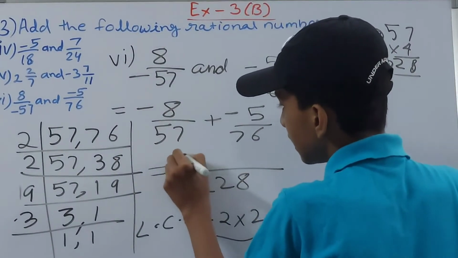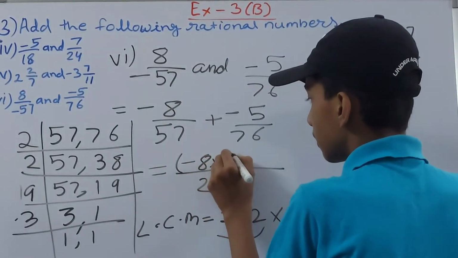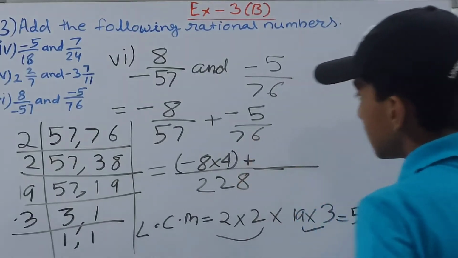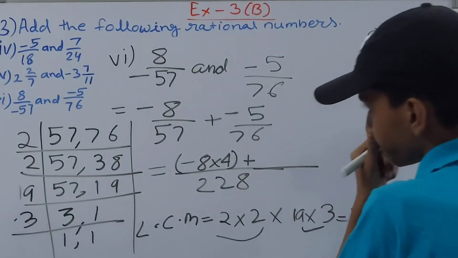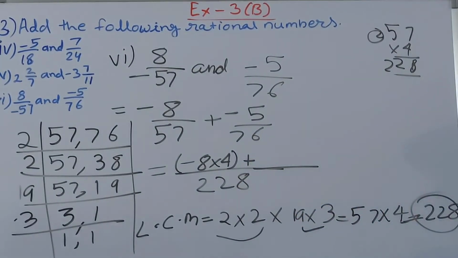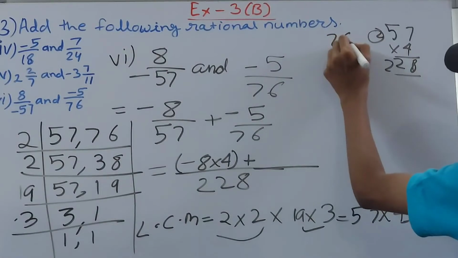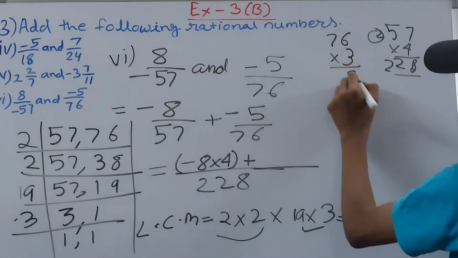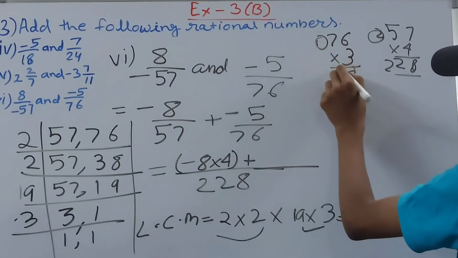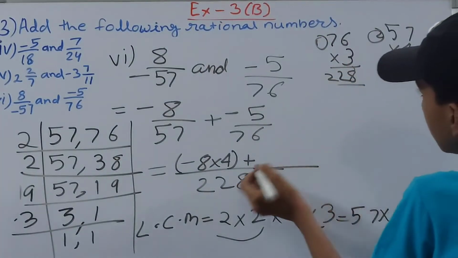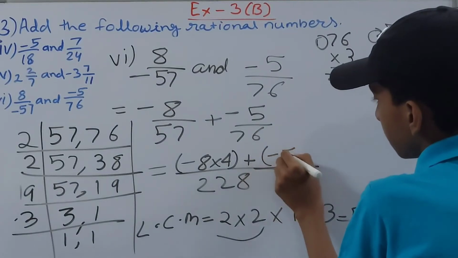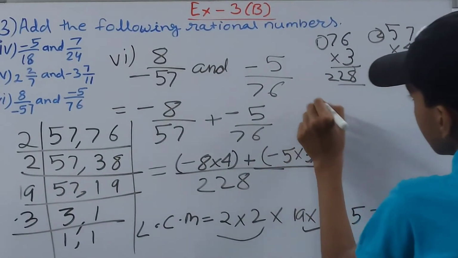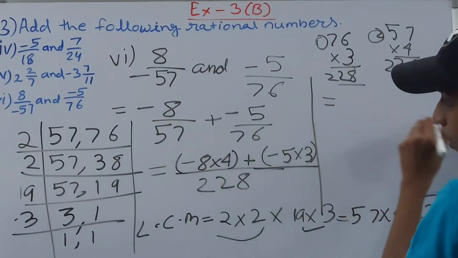So minus 8 into 4 and plus, and 76 how many times? You can see here 76. Let's try multiplying it by 3. Let's try, right? So 3 times 6 is 18, and 3 times 7 is 21 and 2 makes 228, right? 3 times, so minus 5 into 3. All right, and this will be equal to what?